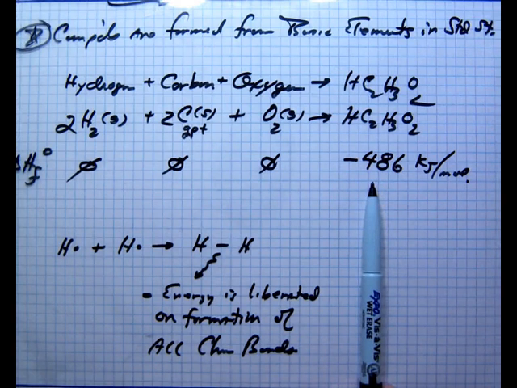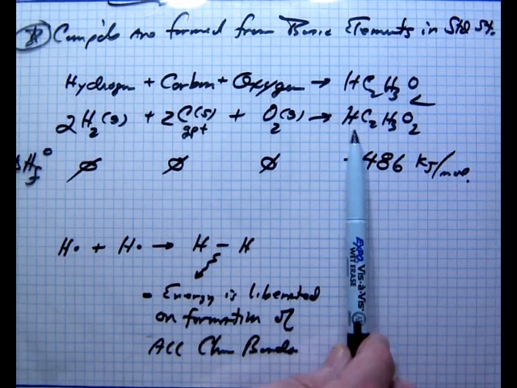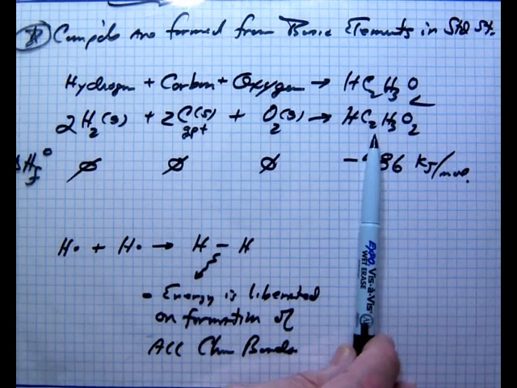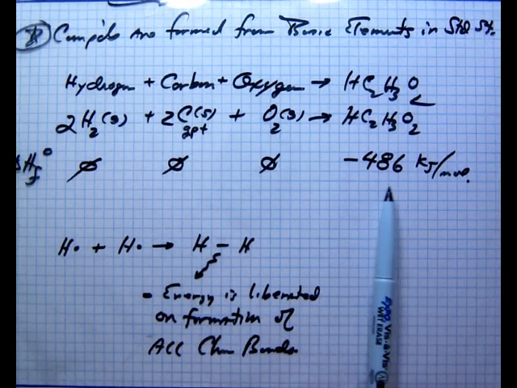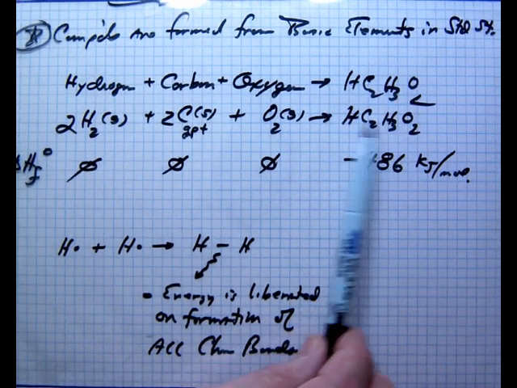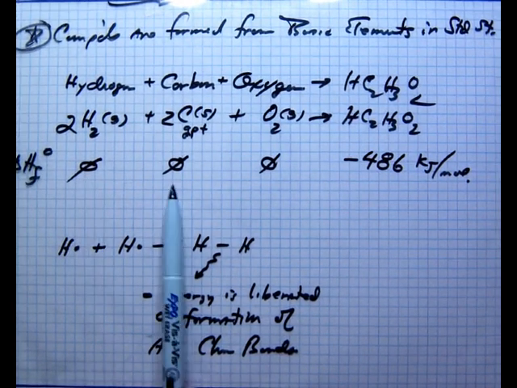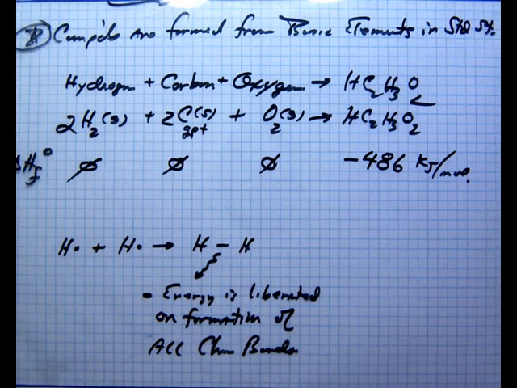Kilojoules are calories, and the table's in kilojoules. In the formation of this compound, from basic elements in standard state, 486 kilojoules is given up when all the bonds are formed, because we start at 0 on all these. They break and then they realign and do whatever they do.